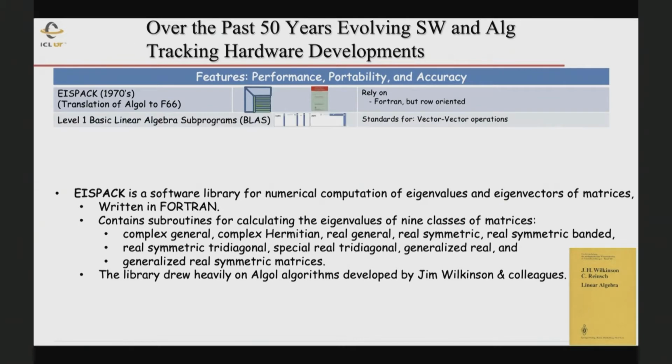There was also something else that was starting about that time called the level 1 BLAS. Level 1 BLAS did vector operations. That is, they did things like dot products or taking a multiple of a vector and adding it to another vector. So these were to be standard routines that allowed manufacturers to do an implementation of them on their architectures, trying to exploit performance as best they possibly could.